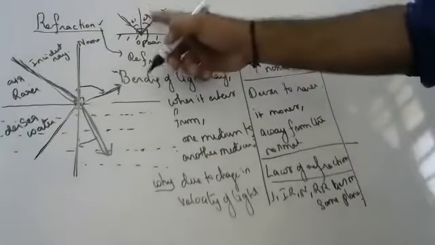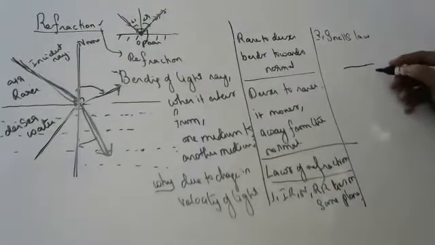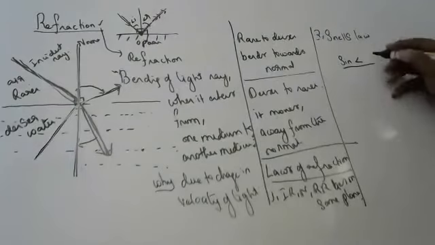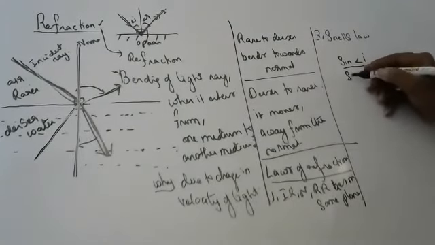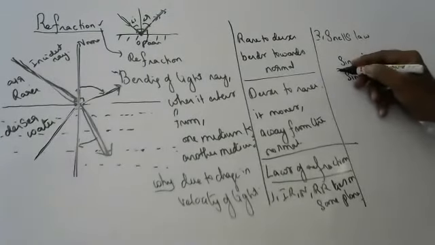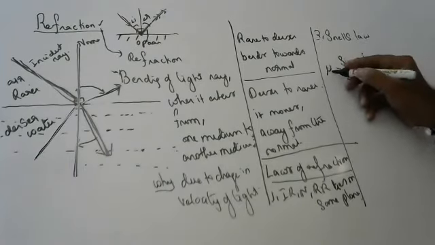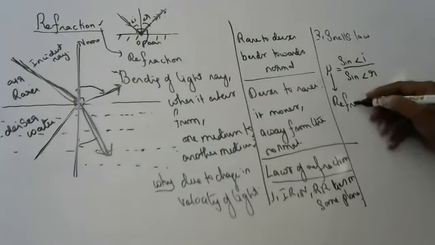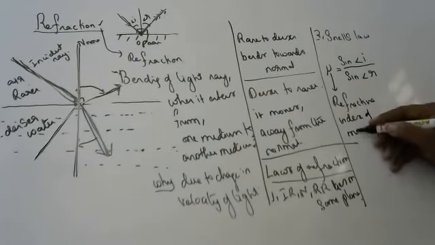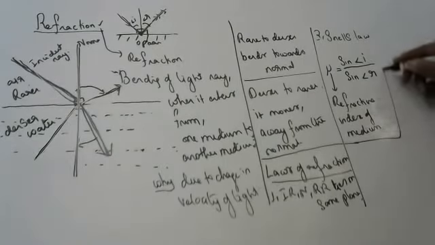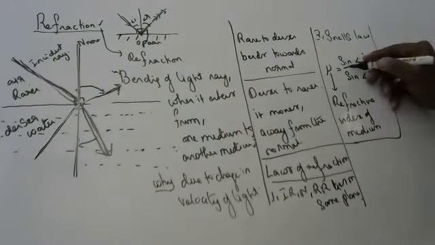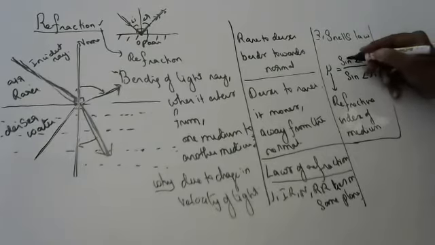But here, the ratio of the sine of the angle of incidence to the sine of the angle of refraction is constant, and that constant is called the refractive index of the medium. This is the second law.